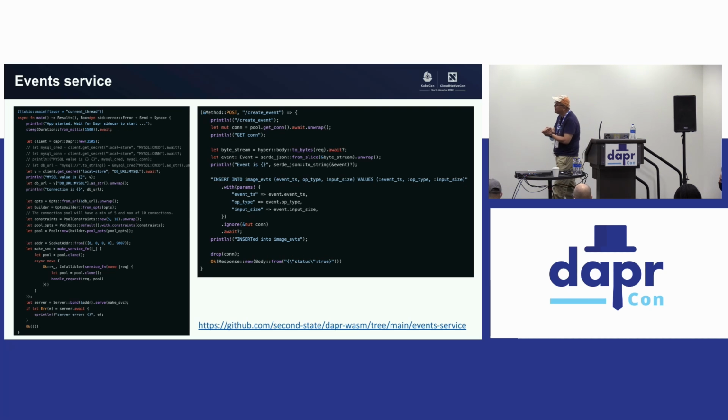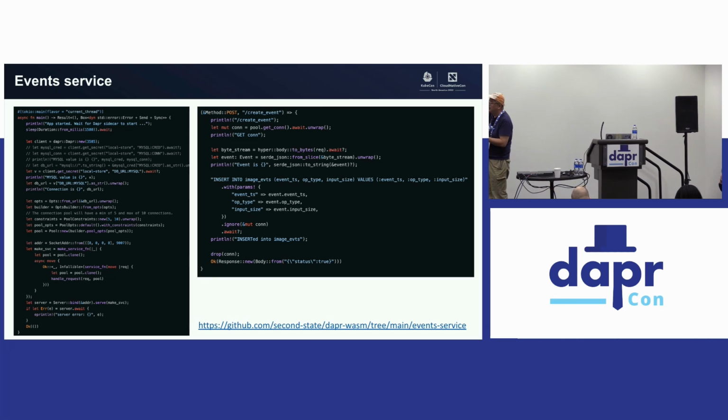In the event service, on the left-hand side, it also starts the web server. However, it also starts a database connection pool to the MySQL. It has 10 connections in the pool. They're all asynchronous, that the application would be able to use. And how it starts the database connection pool is it uses secrets that are stored in the Dapr sidecar, right? So it has a database username and password.